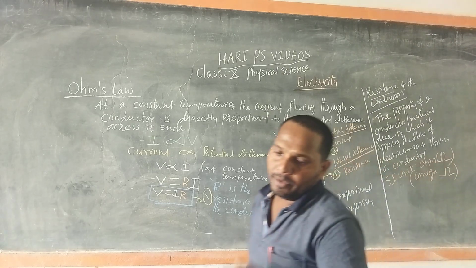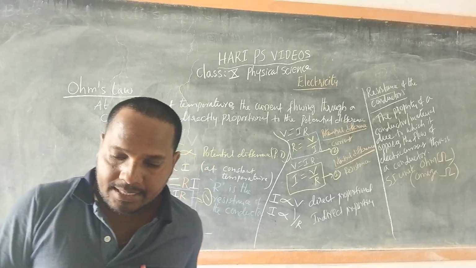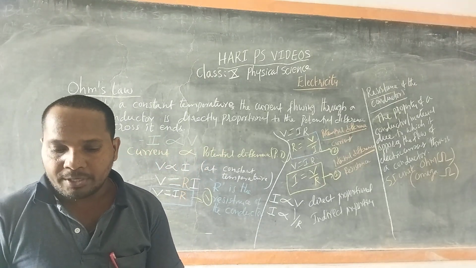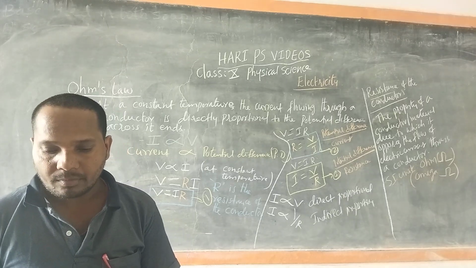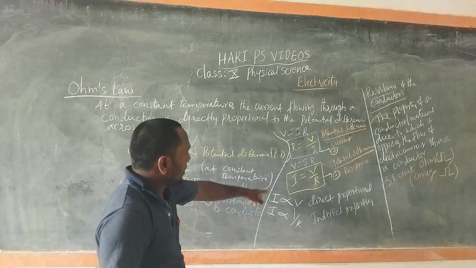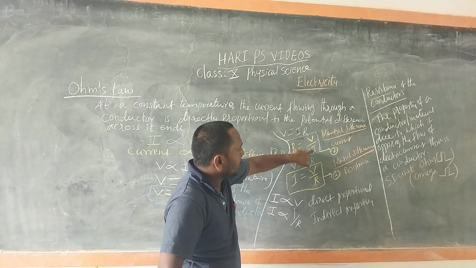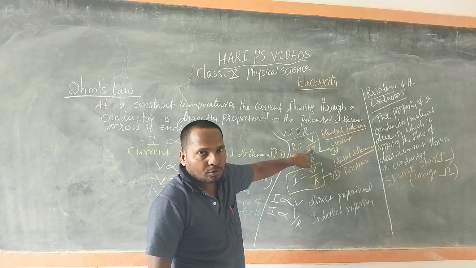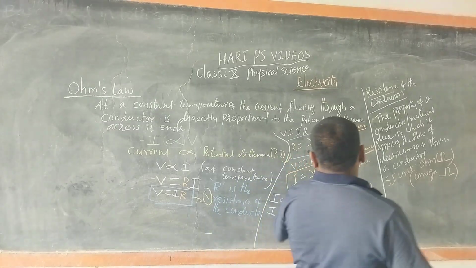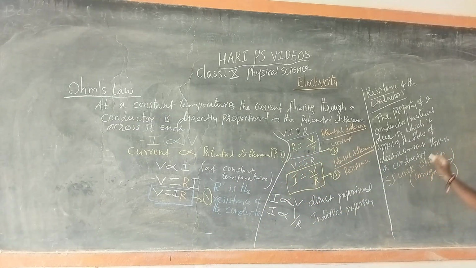So ohm is the SI unit, which is denoted by the symbol omega. The unit of resistance, according to Ohm's law, we write R is equal to V by I. So from this formula we can write R equals V by I.